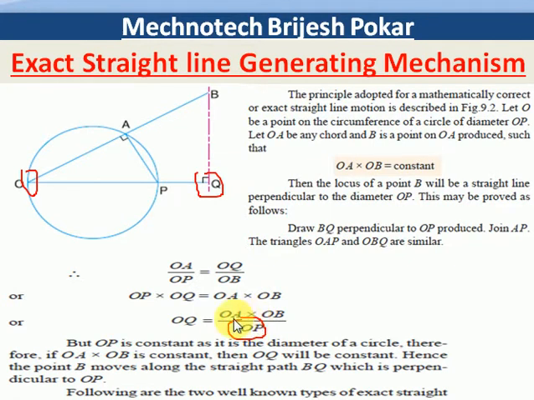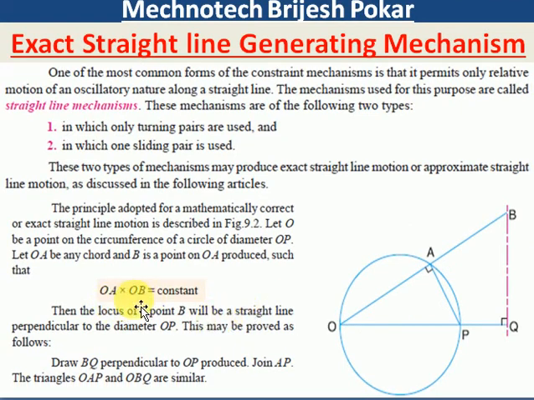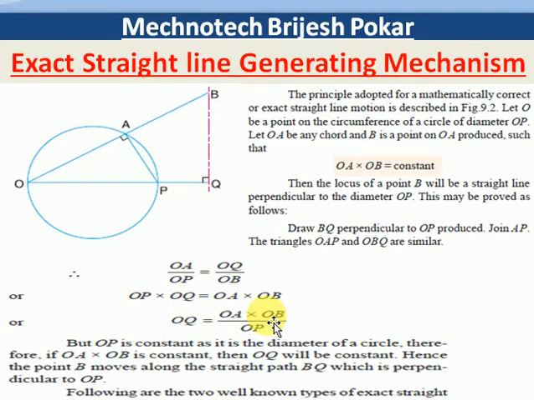Now we must say that OA into OB is constant, and then we can find OQ. If we have to find the OQ distance, then we need to know OA into OB, and it should be constant.